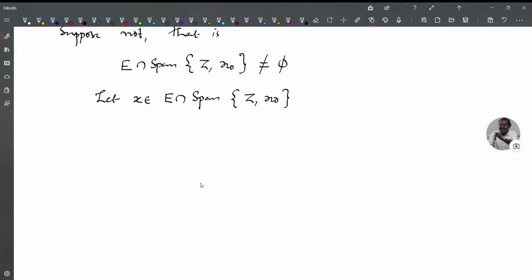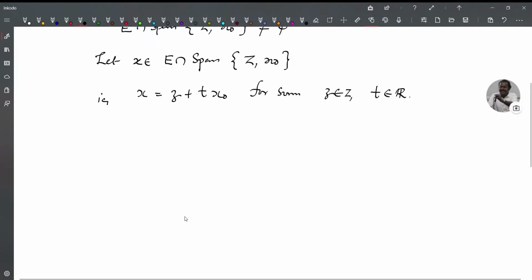That is, x is equal to z plus t x₀ for some z belongs to Z and t belongs to R. t equal to 0 implies x equal to z.